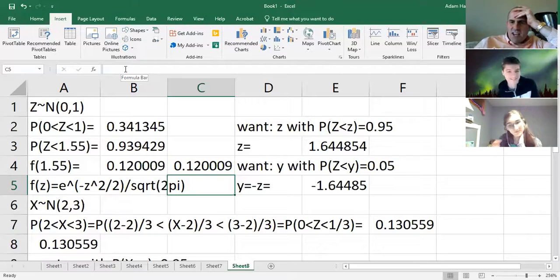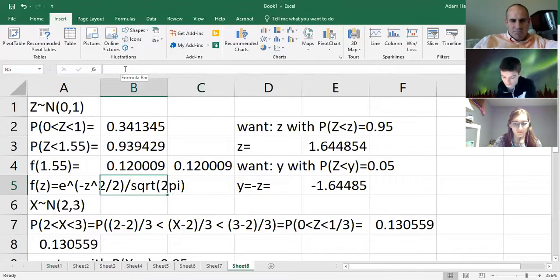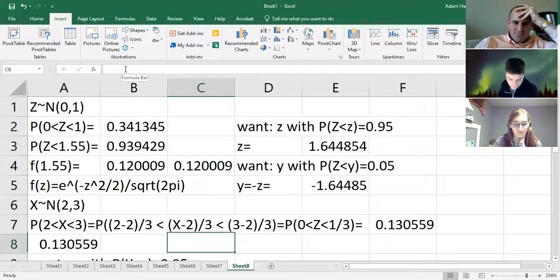Okay, so all that to say that what it will give you if you don't ask for the cumulative is literally just the density evaluated at that point, whatever that means, right? I mean, the density value is just the thing we integrate to find various probabilities. But yeah, so that's what that will give you.